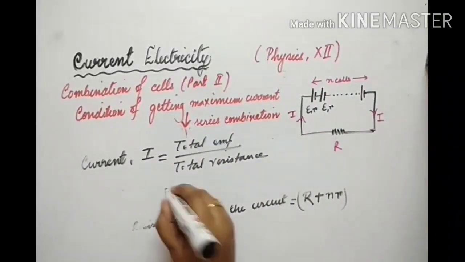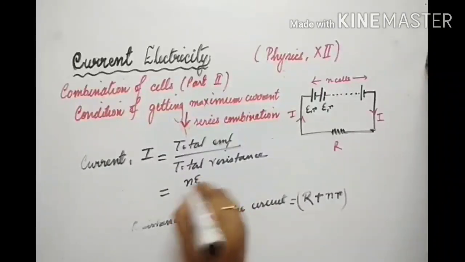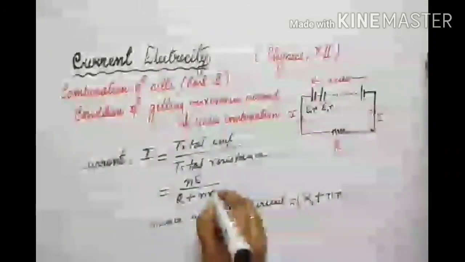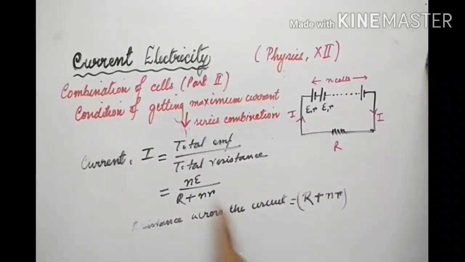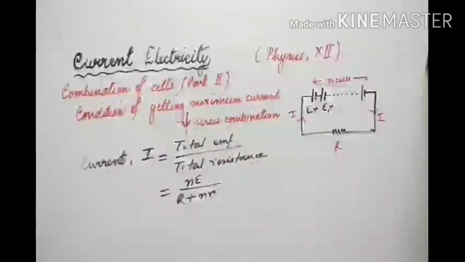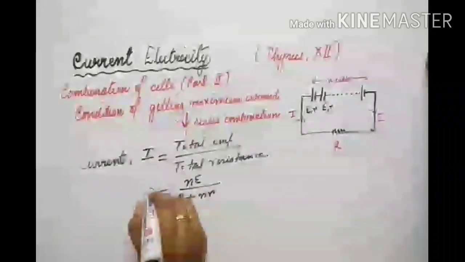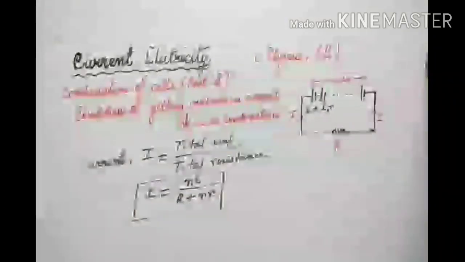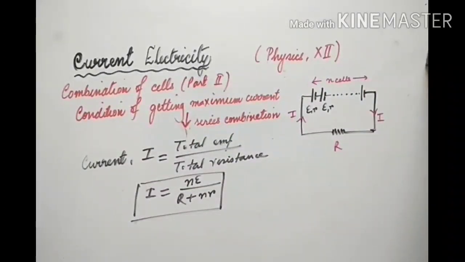Total EMF is n times E, and the total resistance we can write from here. So this is our current. This is our formula for current.